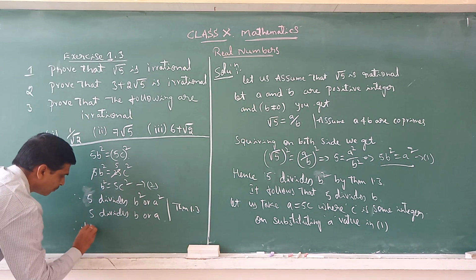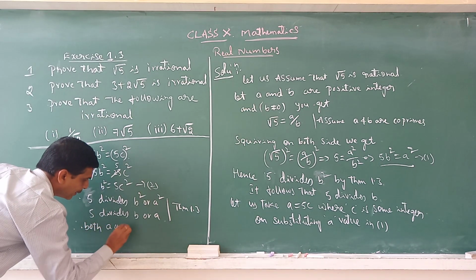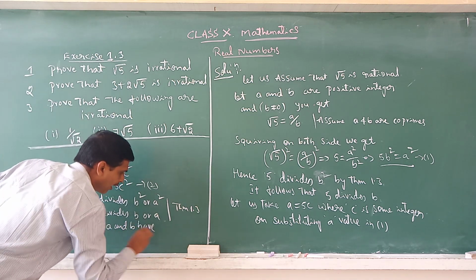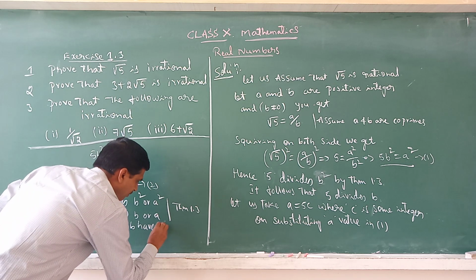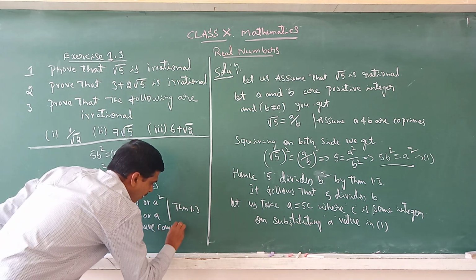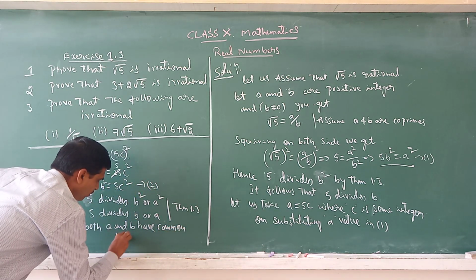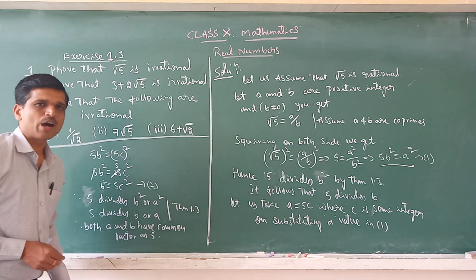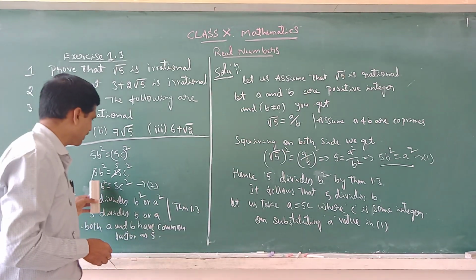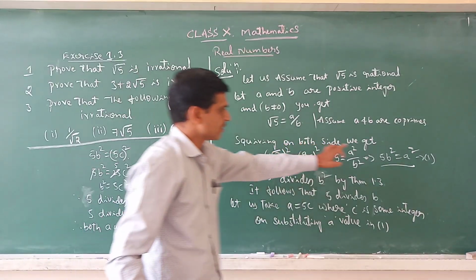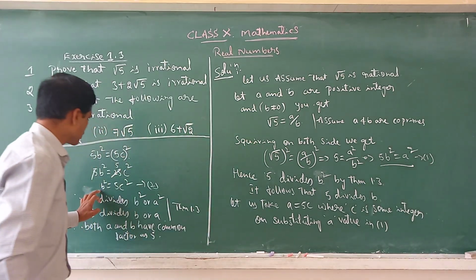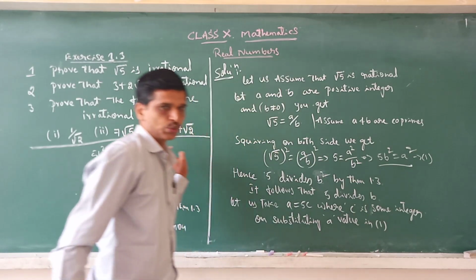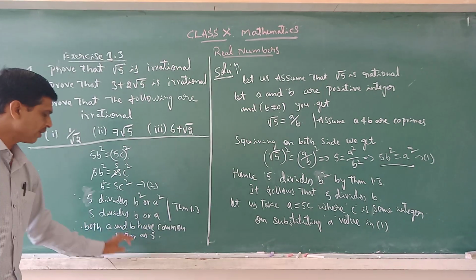Therefore, both a and b have 5 as a common factor. Here a square value, here b square. Automatically 5 is a common factor for these two. So that is why 5 is a common factor.